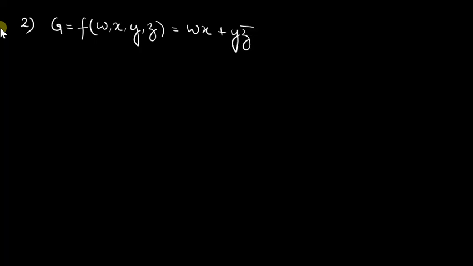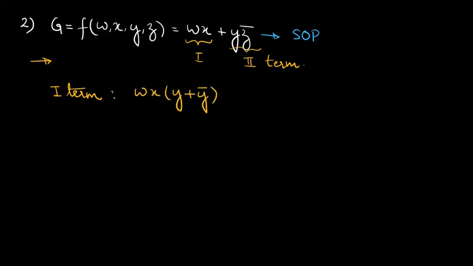Now coming to the second numerical. The second numerical says G is equal to f of w x y z, that is equal to wx plus yz bar, and this is the sum of product expression. In the first term I have the missing variables y and z. In the second term I have the missing variables w and x.